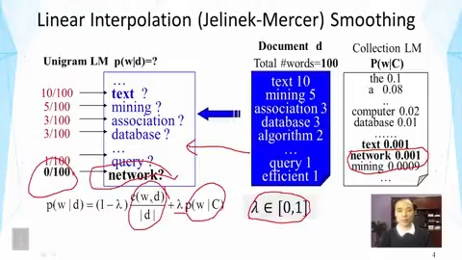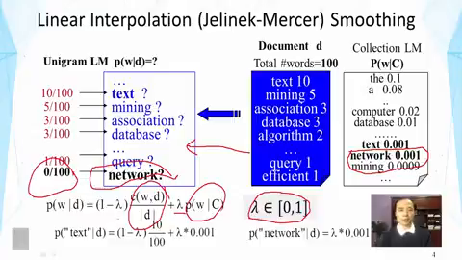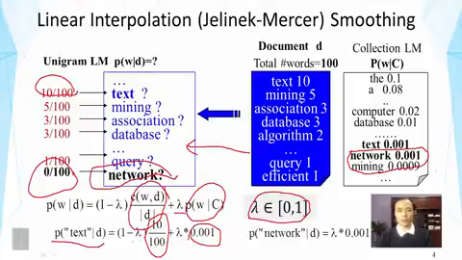So let's see how it works for some of the words here. For example, if we compute the smooth probability for text, now the maximum likelihood estimate gives us 10 over 100, and that's going to be here. But the collection probability is this. So we just combine them together with this simple formula.